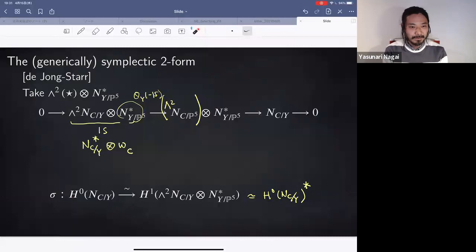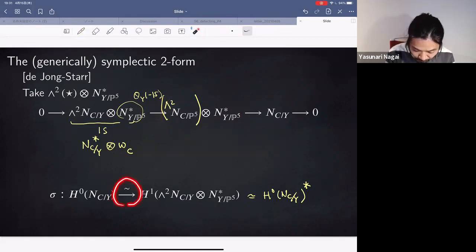This comes from Griffiths' construction, but basically this is the local description of the two form. Wedge 2 of this, we can calculate this term, and from this we know that this is just an isomorphism.